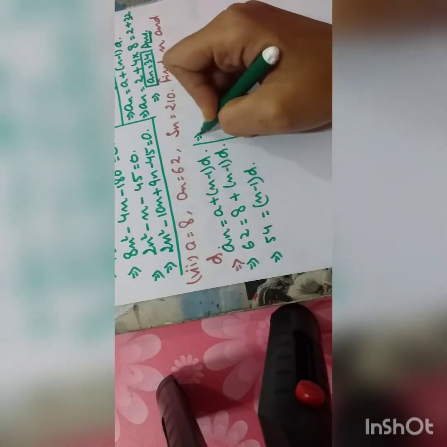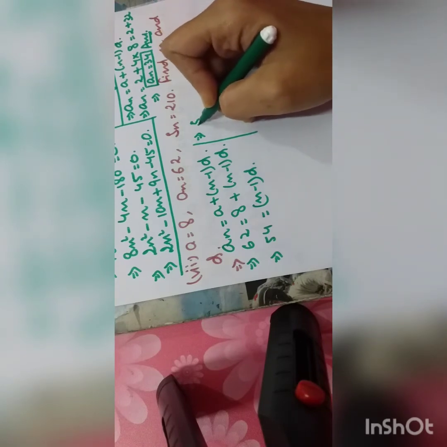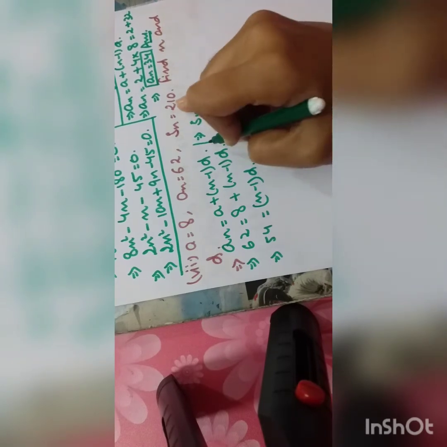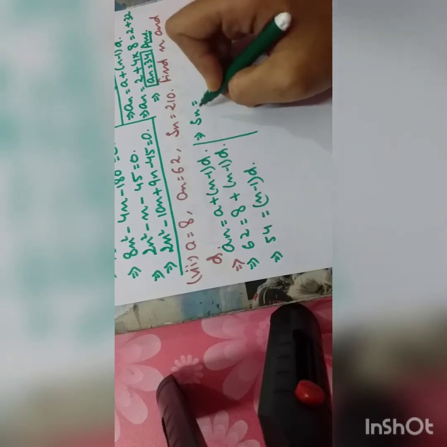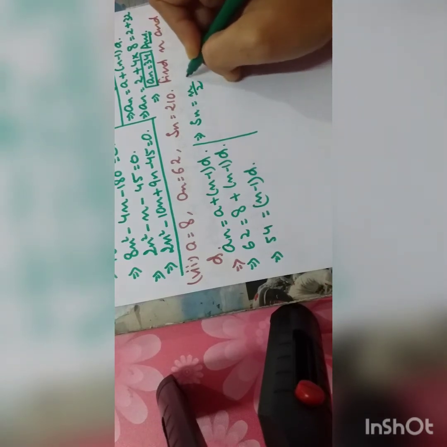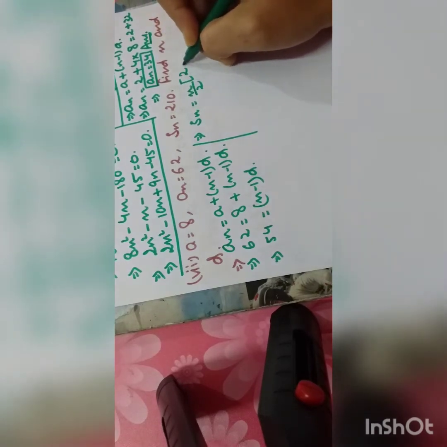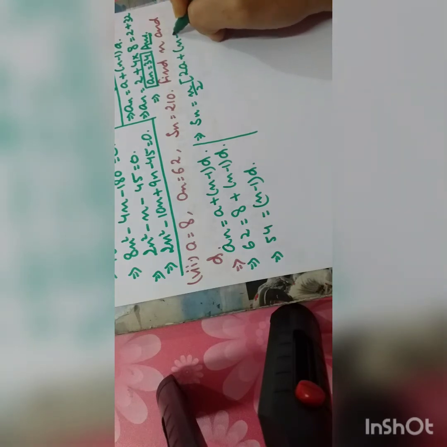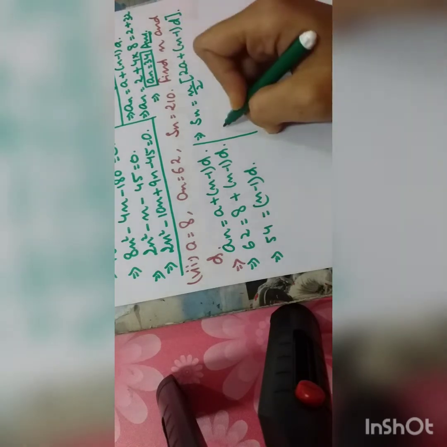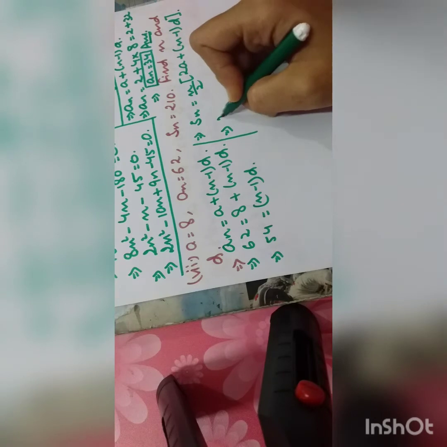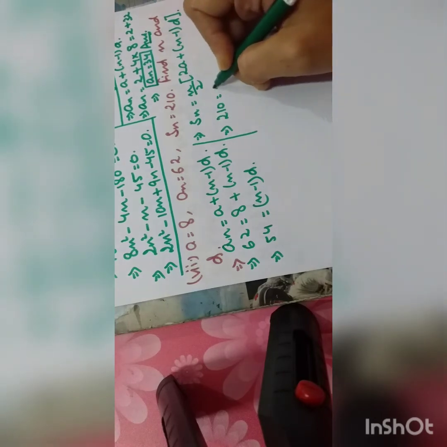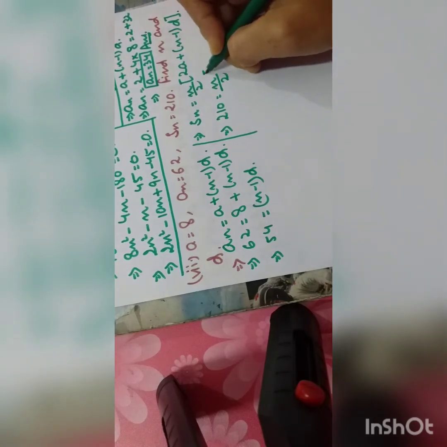Coming to the next part of the question, the Sn value is given to me and I am going to use it. First I am writing the formula: Sn equals n by 2 into 2a plus n minus 1 into d. So Sn is given as 210, equals n by 2, n unknown, into 2a.